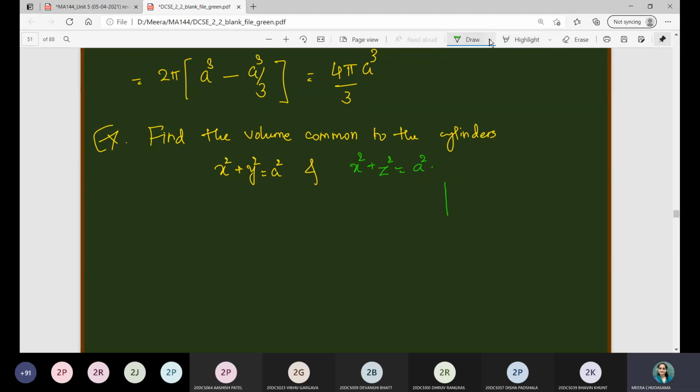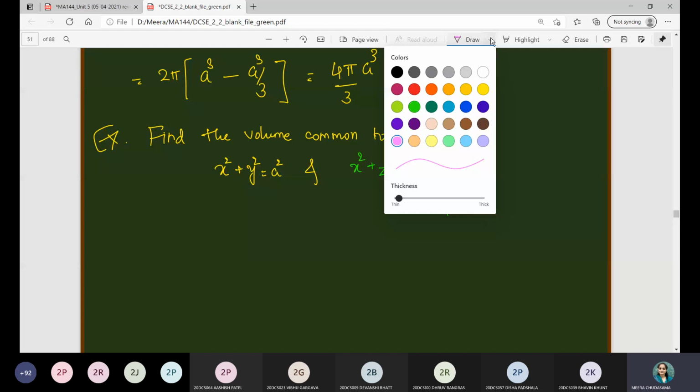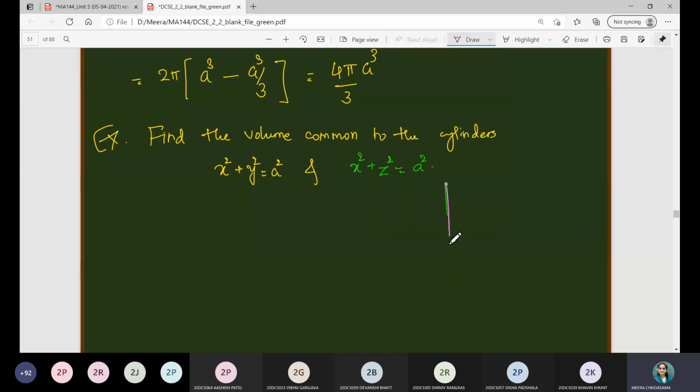Let me draw the figure first. You people are not giving answers right now. Suppose this is the x-axis, this is the y-axis, and this is the z-axis, right?